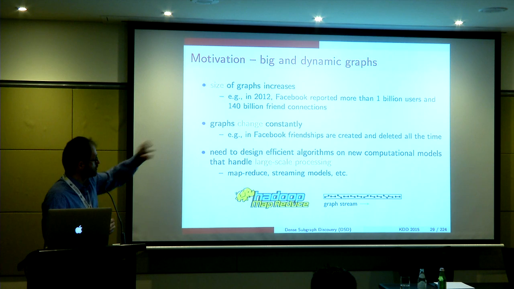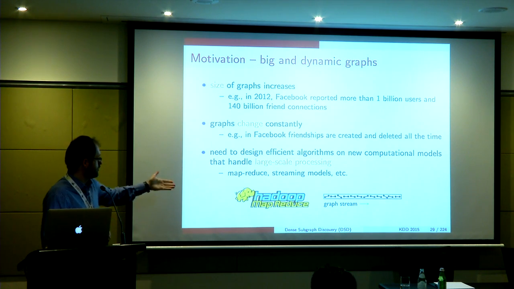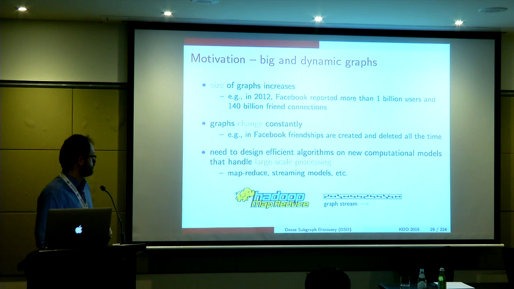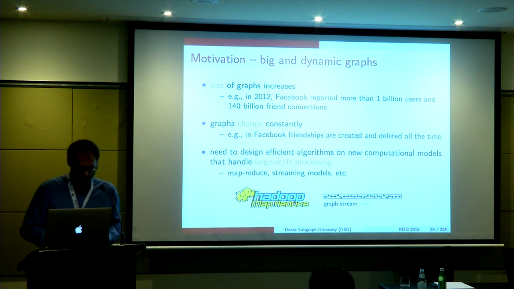I guess we have not reached 2 billion users, I don't know, but the graphs have become much denser, so much more edges. So very large graphs, so you really want to develop techniques on some large scale platforms able to deal with large scale, or the streaming model or so on, also to take care of changes that happen in the network and so on.